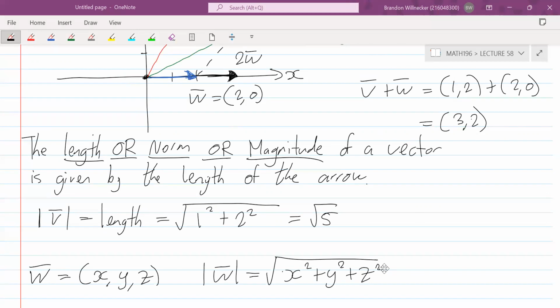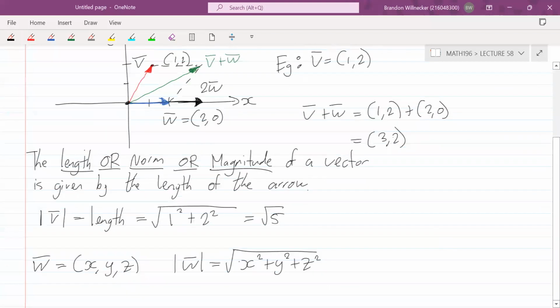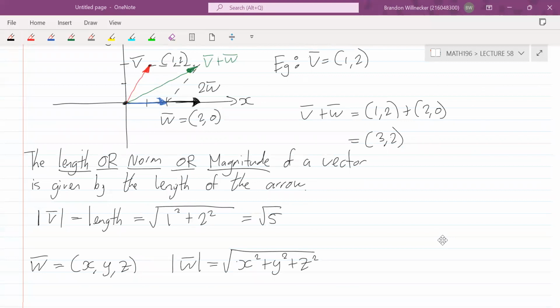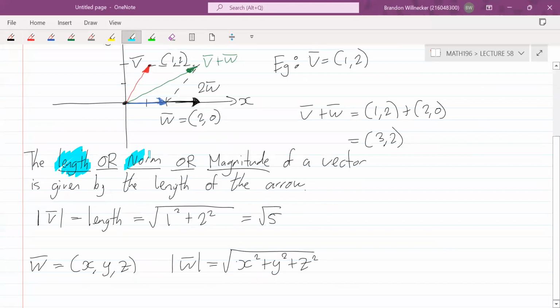And if there were more components, then you would just increase that sum. So if this was vectors in R4, it would be x squared plus y squared plus z squared, and then maybe plus w squared, for example. So that's the length or norm or magnitude. You might see any of these three terms mentioned.